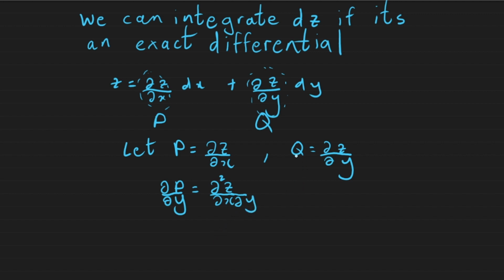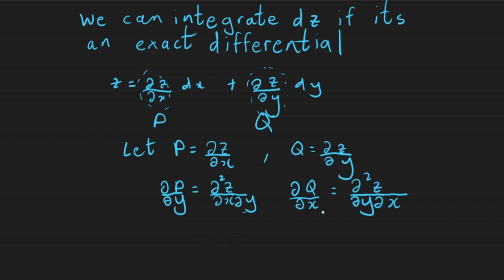And we now differentiate q with respect to x. We say dq/dx is equal to the second derivative of z, initially with respect to y and now with respect to x. And what do we know about mixed partials? Mixed partials are equal, right? You can see that in probably the second video in this series.